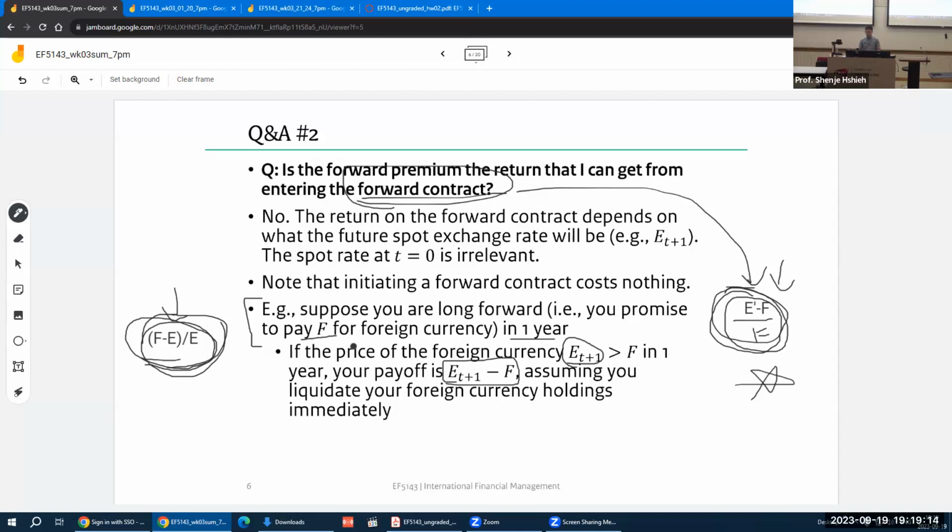That's the idea. If F minus E over E is not big enough or negative enough, then you can get arbitrage profits. The whole point of CIP is that there shouldn't be any free money available. And if there is, then somebody can come in and just do it indefinitely, it doesn't make any sense.